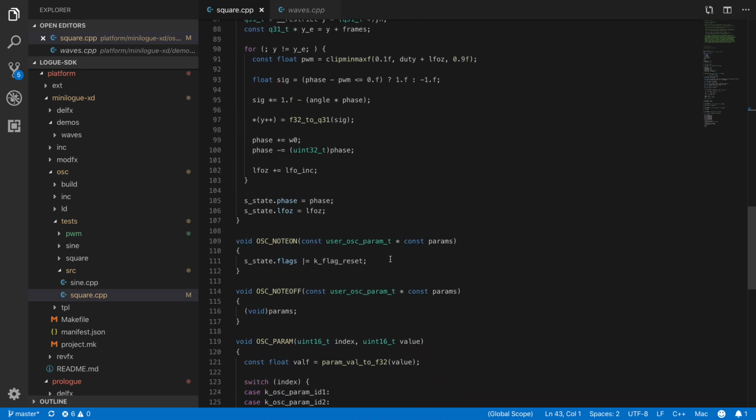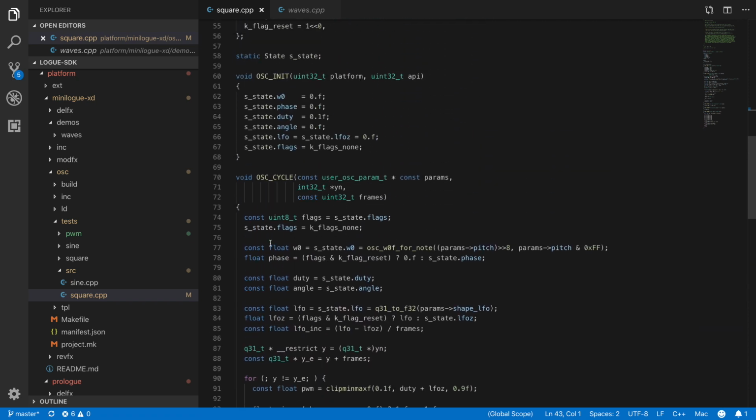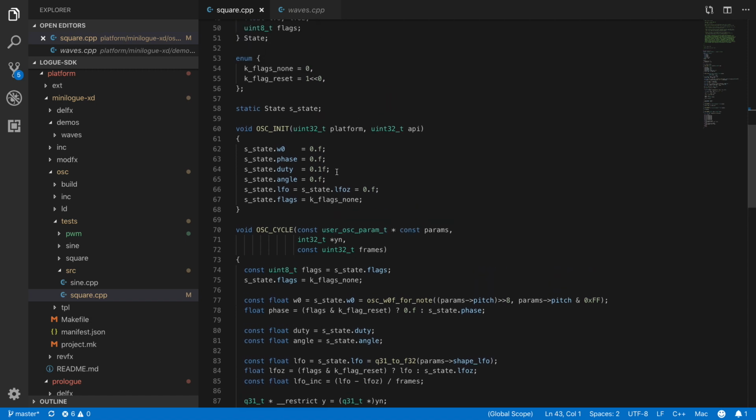If there's a note press, note on or note off, you will get that info and you can restart your waveform, but the cycle is going to get called all the time. The cycle doesn't get a lot of information when you are getting called, so that's the callback here. You do get a few parameters, the buffer address, and the number of frames that you need to write, but that's all. You do not have any kind of stateful information in here.